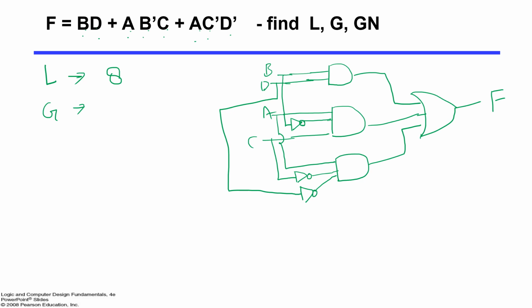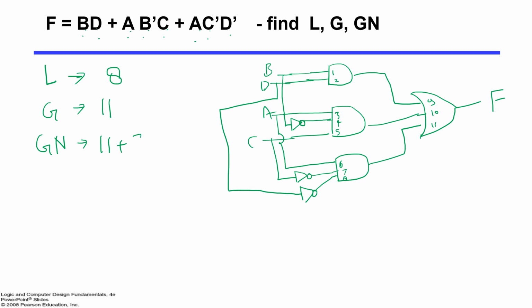Now let us count. So literals we can easily count from here. Now let's count the gate input. So 1 2 3 4 5 6 7 8. Along with this, 8 9 10 and 11. So how many gate counts? We have 11 gate counts. Now what about GN? You have to add 11 plus how many NOTs? 1 NOT, 2 NOT and 3 NOT.